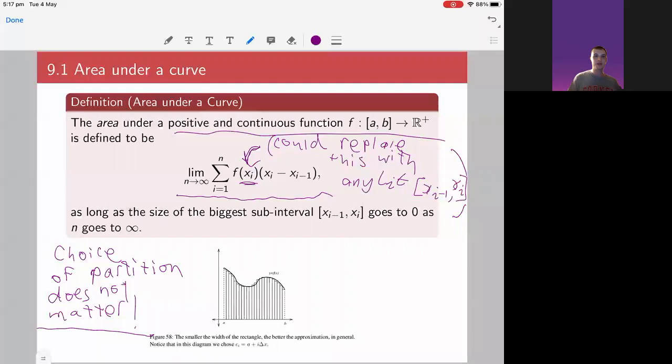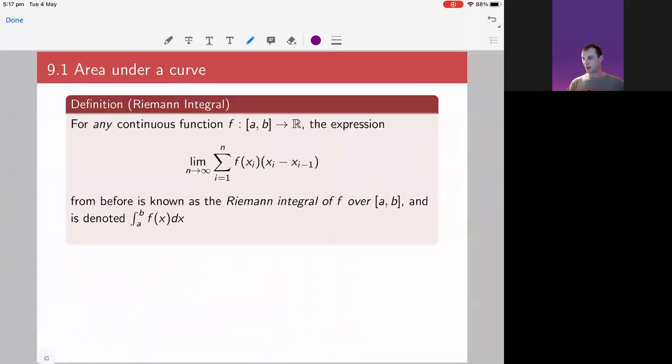Okay, now this was the area under the curve, and yet this is a unit in integration theory. So let's get on with the integration. Now, for integration, we can define integration for any continuous function.